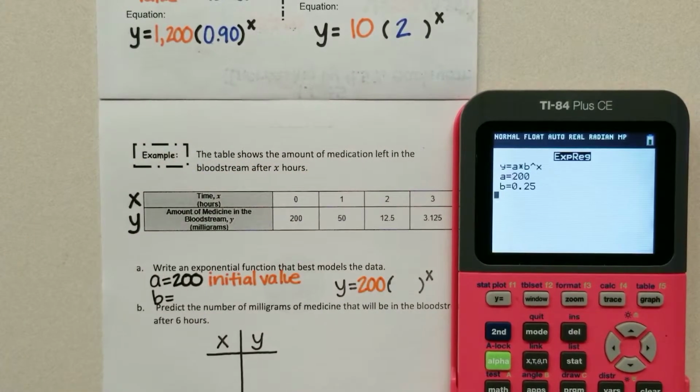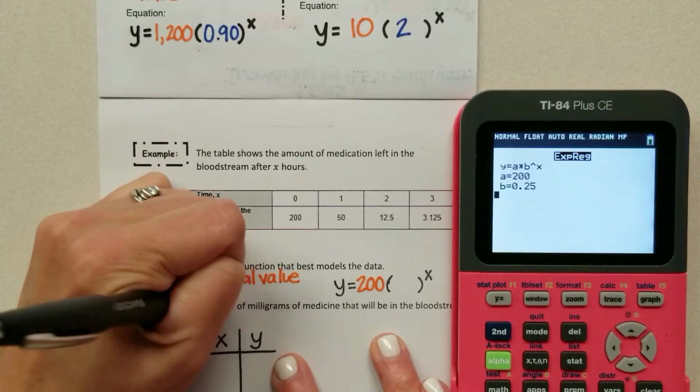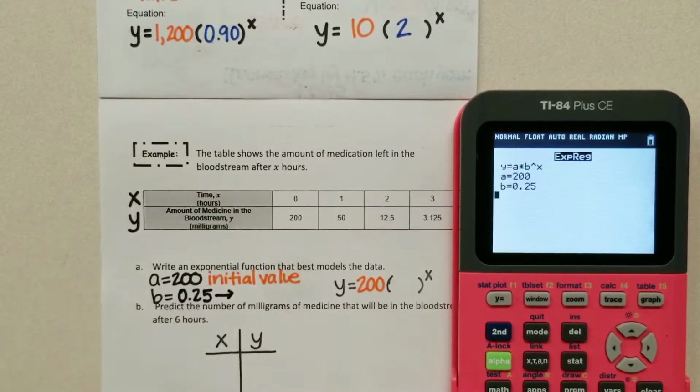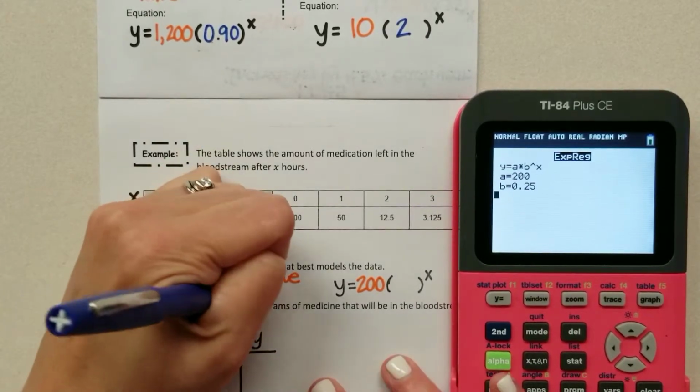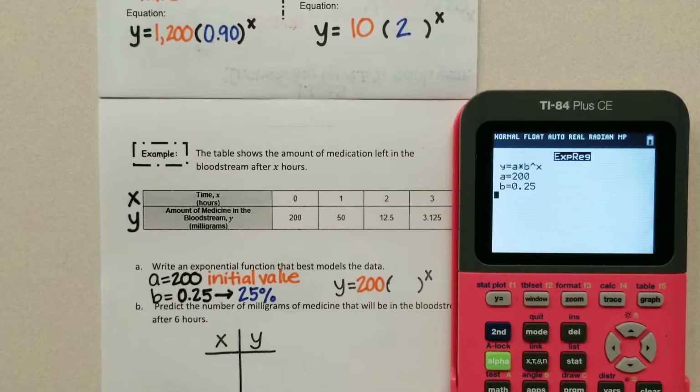And then my B value is 0.25, which is going to turn into 25%. So if I started at 100% and then I ended up at 25%, how much did I decrease by? I actually decreased by 75%. So that's how much this medicine is decreasing every hour in your body. You're losing 75% of the medication.